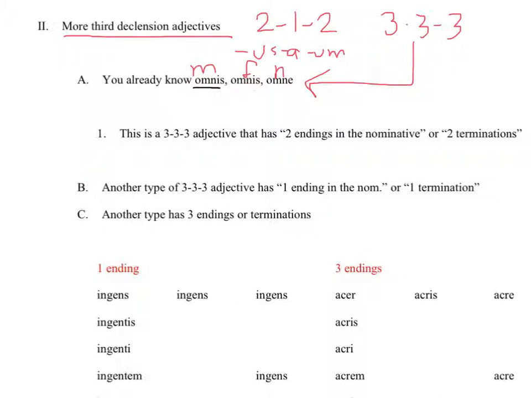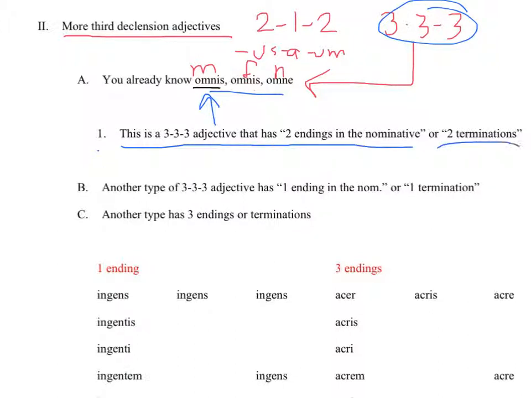What many books call this type of 3-3-3 adjective, like omnis, omnis, omne, is a two-ending adjective or a two-termination adjective. Your book specifically says that it has two terminations, by which they mean omnis and omnis are the same, and then omne is different.